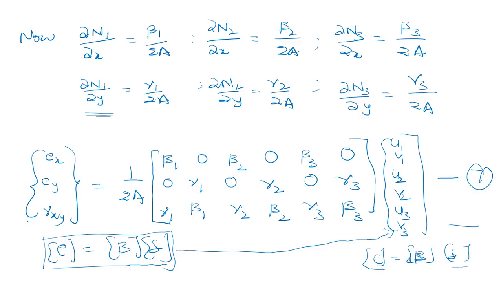The strain vector has the strain in x direction, y direction, and shear strain xy. The next one is the B matrix, the strain displacement relation matrix.